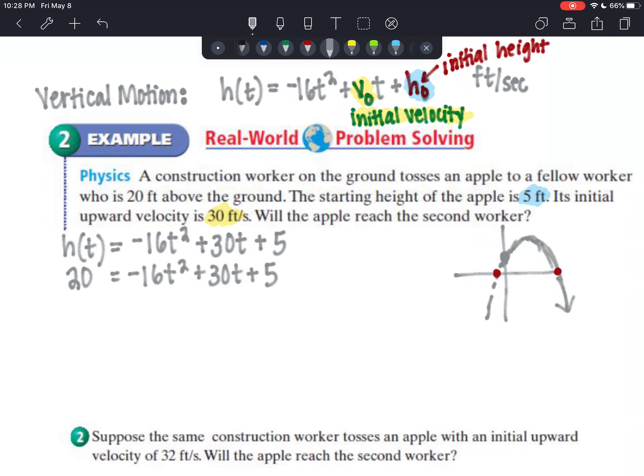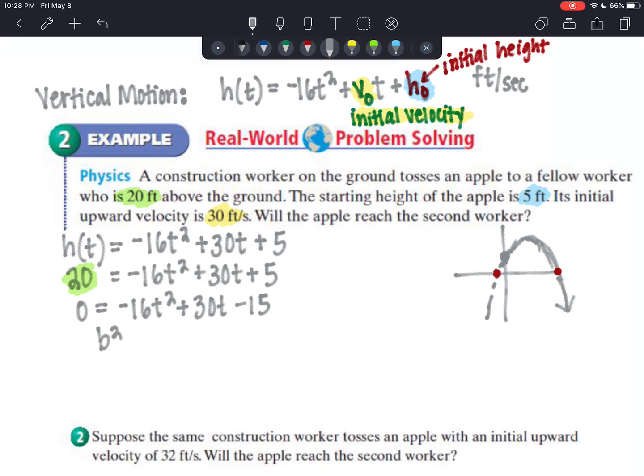So we put a 20 in for the height because that's how far we want to know. Is it going to reach 20 feet? So that's the output that we're looking for. So I'm going to put my equation into standard form. So we have negative 16t squared plus 30t minus 15.